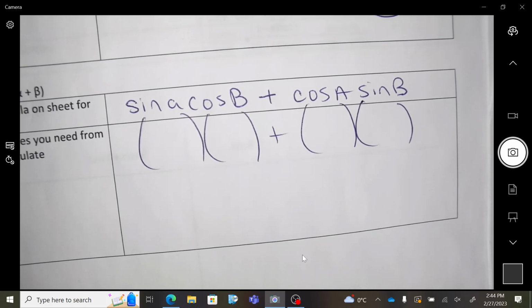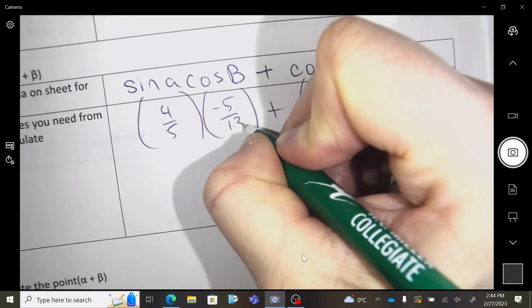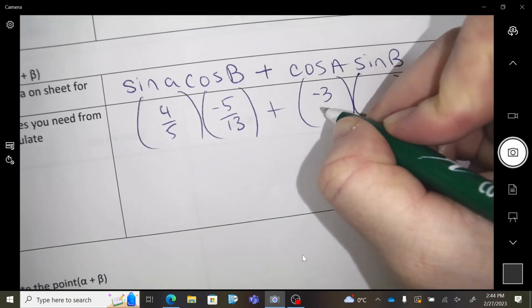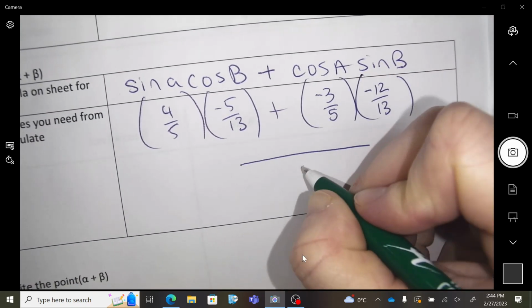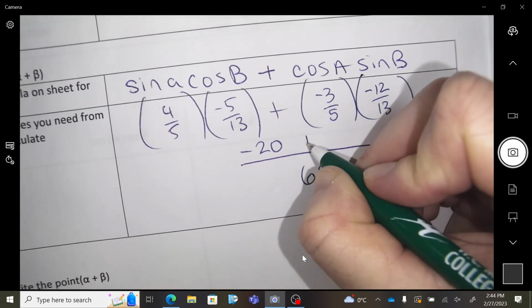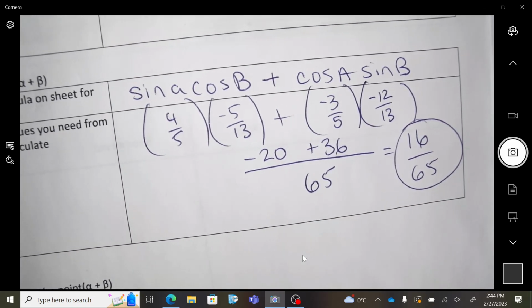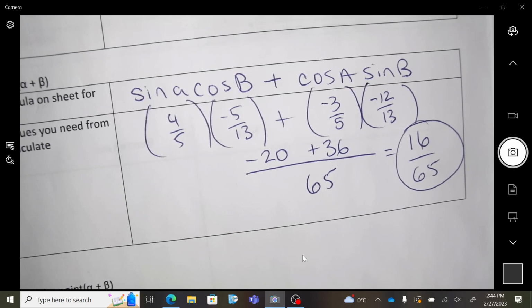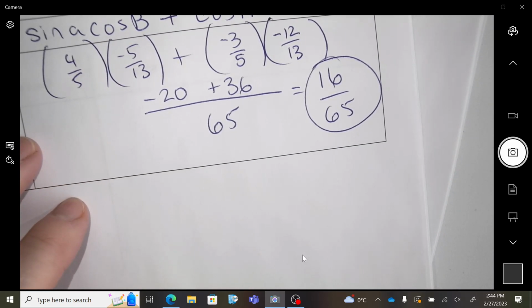Okay, I always start with these 4 open brackets, and then I just say, well, what do I have to fill into each spot? Matching, 16 over 65, all said and done.